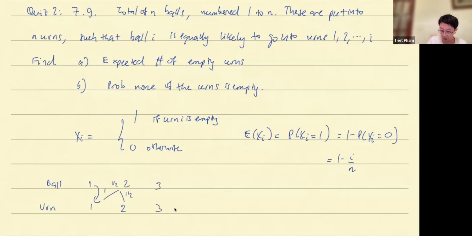Ball 3 can go to either 1, 2, or 3. So on and so forth. Do you understand? And so just with that structure, is it easy to come up with this I over n? That's just what I'm curious about.